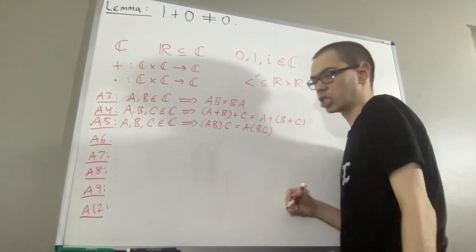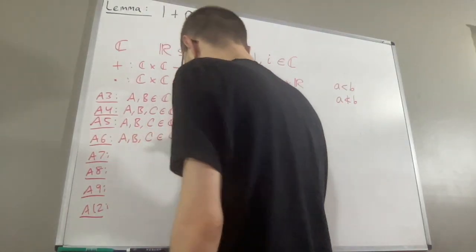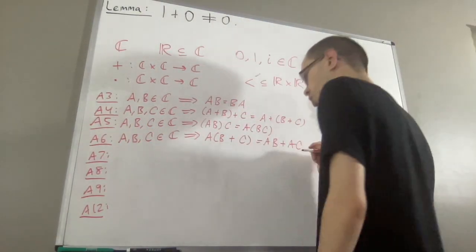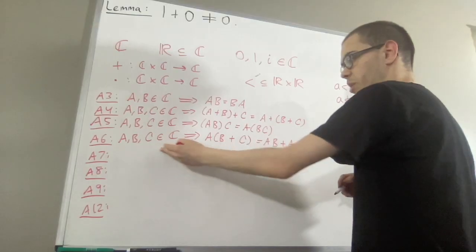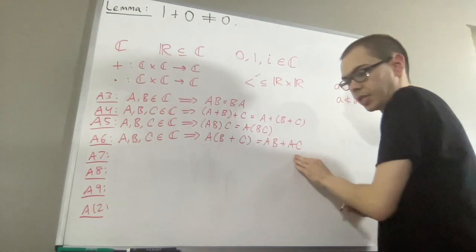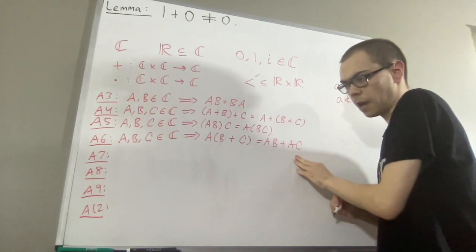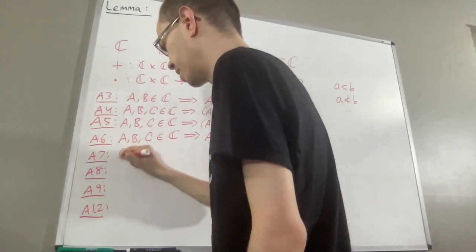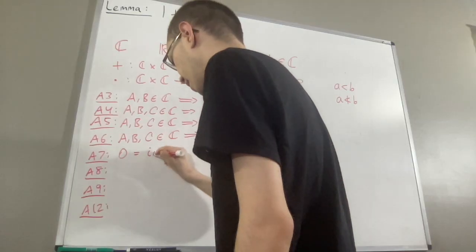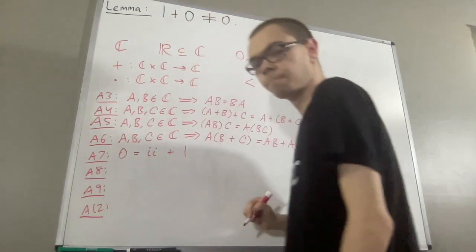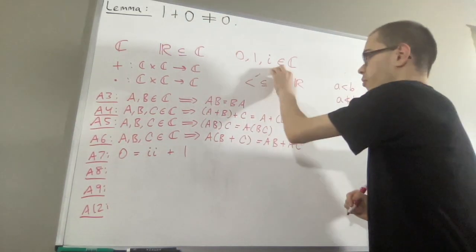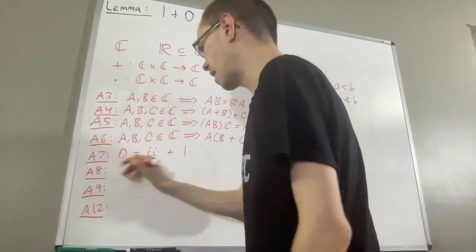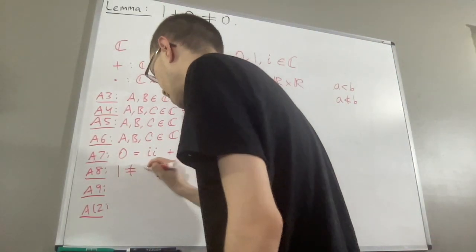Axiom 6 is the distributive law. So given any three complex numbers, a, b, and c, this equality is true. Now, axiom 7 tells us that 0 is equal to i times i plus 1. So it relates these three constants together. Axiom 8 tells us 1 is not equal to 0.